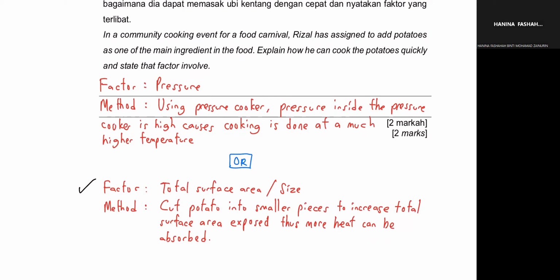You can state temperature, but you have to state how it is done. For example, if they use a pressure cooker, the pressure inside the cooker is higher. If you cut the potato into smaller pieces to increase total surface area, also can. A larger object is harder to cook, so they cut into smaller pieces and cook faster because they have more total surface area exposed.